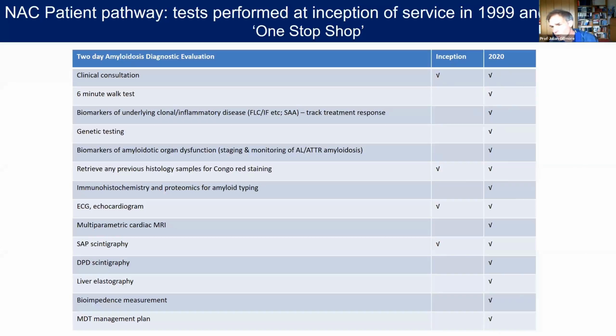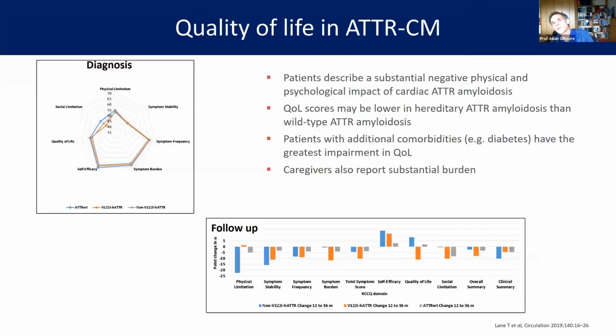Have you got amyloid? What type of amyloid is it? Which organs is it affecting? And how severe is it, and can we recommend some treatment? Once you do make the diagnosis of ATTR amyloidosis, this is quality of life, measuring quality of life and a whole range of factors associated with quality of life.